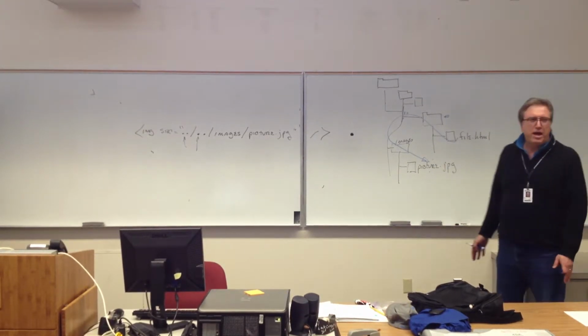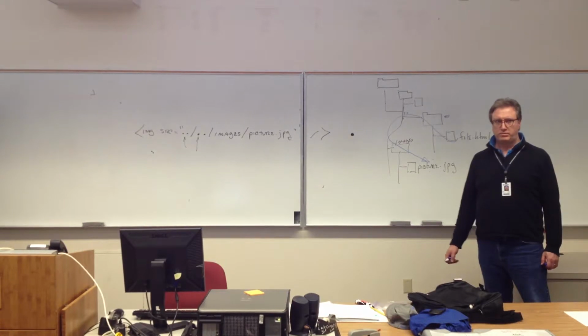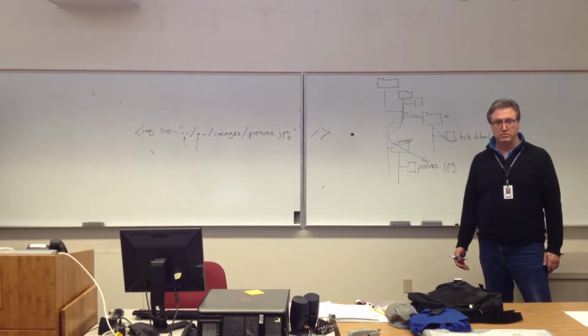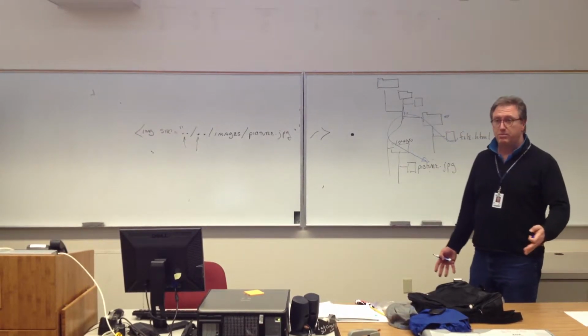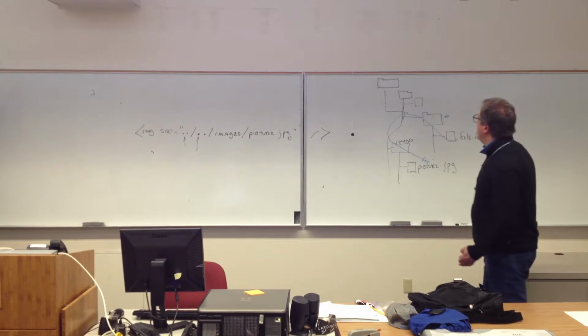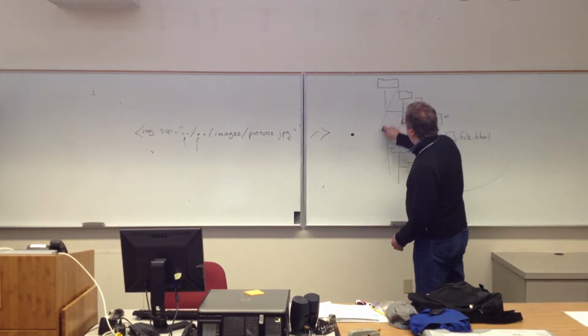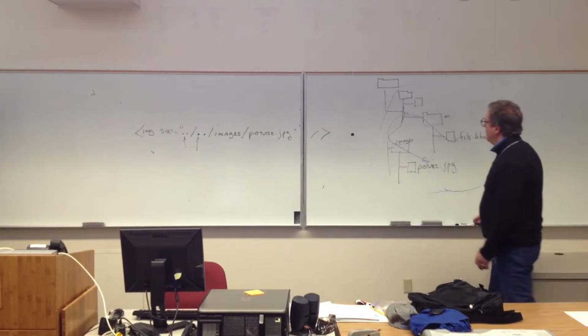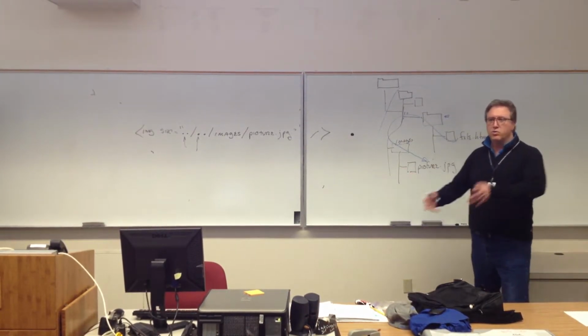So I went all the way through to here. Now why do I bother with this? Why do I use relative addresses? So you don't need the entire address. I don't need the whole address, it saves me typing, it saves me space, that's true. But the other reason I do it is I can take this whole tree and squirt it up to a server.